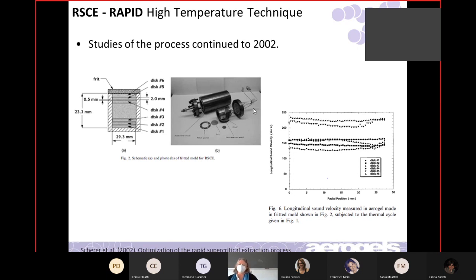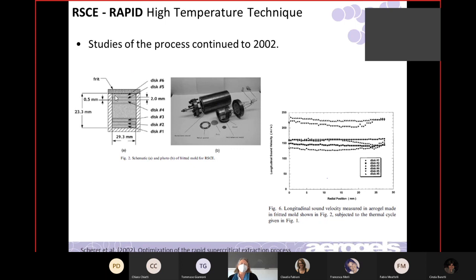They did some studies looking at this vessel, where you have a wet gel that you're heating up and a supercritical fluid that you have to get out of there. The only way it can get out is out through the top. So they were looking at how the properties of the materials change at the top of the mold versus the bottom.